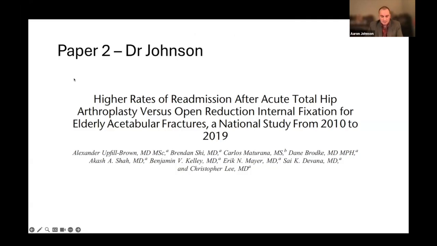But their conclusion was that at the 30-day outcome, and really at all of the outcomes, total hips had higher readmission rates. It seems to be largely driven by dislocation at every time point. And then as you got further out towards the 180-day time point, the infection risk started creeping up in the total hip group.